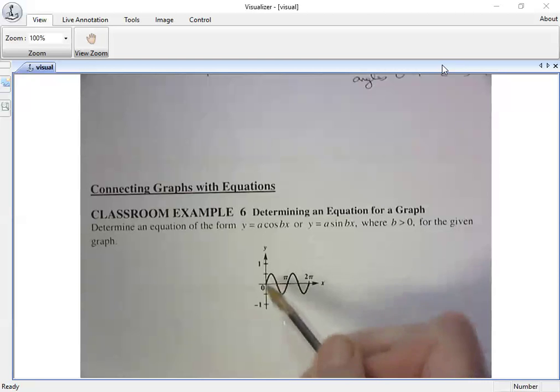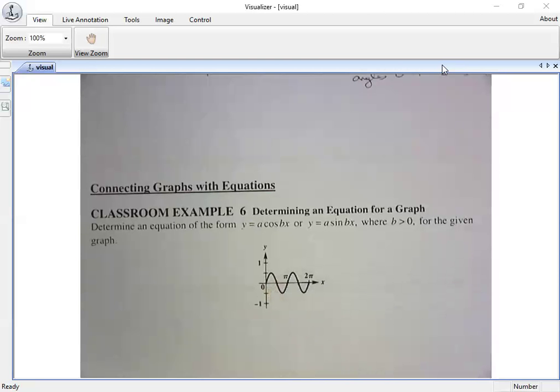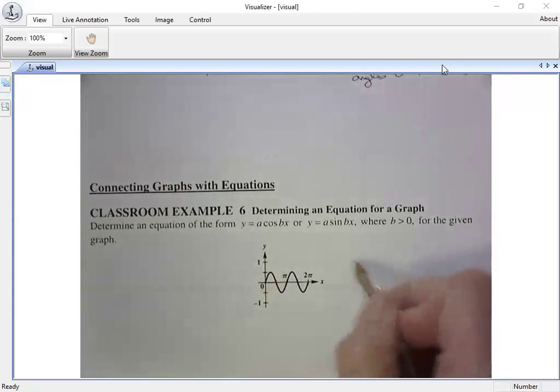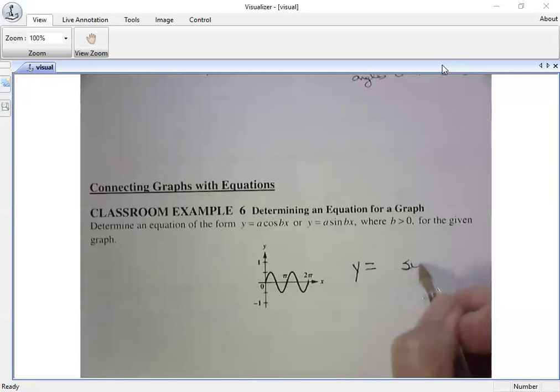Now, how am I going to figure out which one this is? Based on what we know right now. Starts at the 0 mark. All right, very good. The fact that when the angle is 0, the ratio is 0, that looks like a sine, right? Because if it was cosine, it would be like the one we just did, and it would start off high. So I'm pretty sure this is going to be y equals the sine of something.